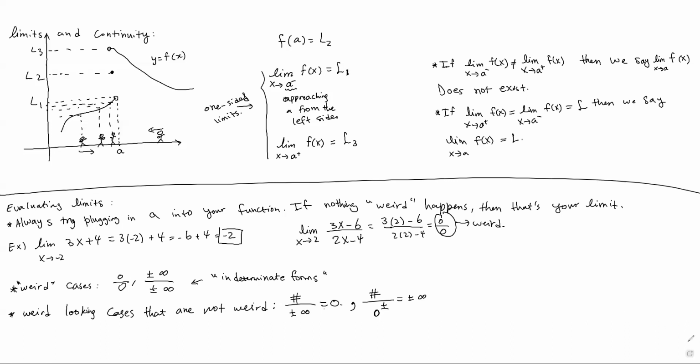Now, let's talk about 0 over 0. I'll talk about infinity over infinity after. So 0 over 0. There are 3 different possibilities when you have a 0 over 0 case. Possibility number 1.